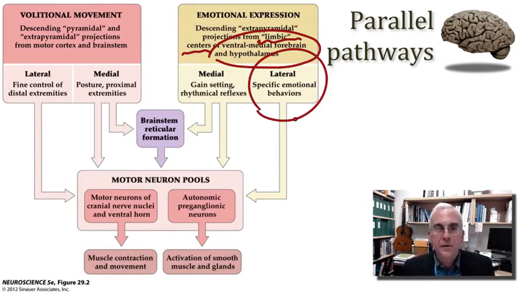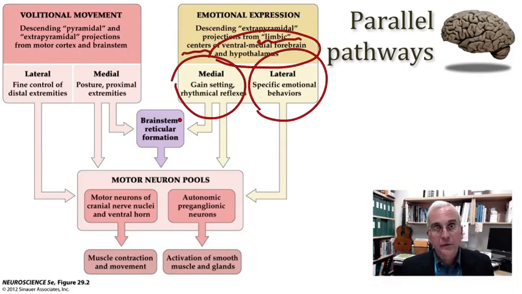And what I might have in mind here as examples would be motor behaviors that characteristically define a particular emotion, be it a facial expression, for example, or a posture. Meanwhile, there are medial pathways that set the stage. They're concerned with setting the gain, for example, modulating the threshold at which we express that specific emotional behavior, be it our tendency to laugh or to cry or to become angry, and to express that emotion within the muscles of the face.